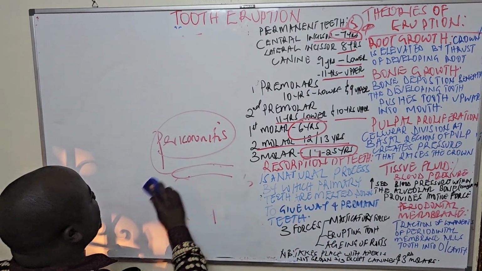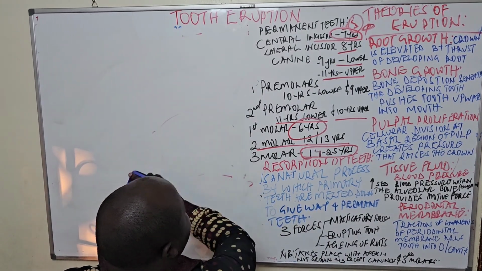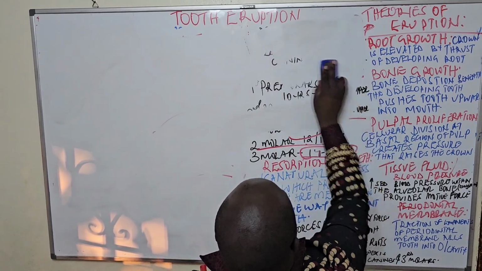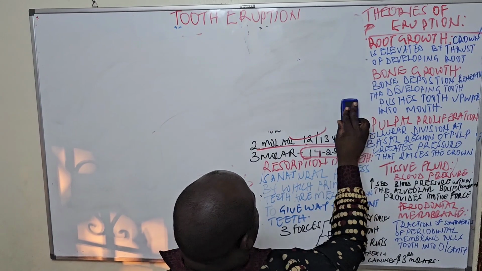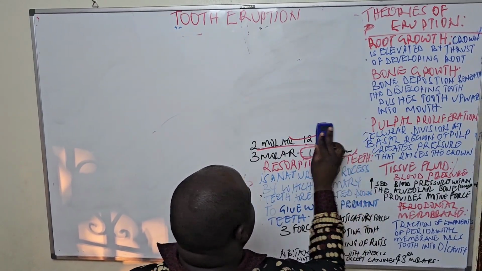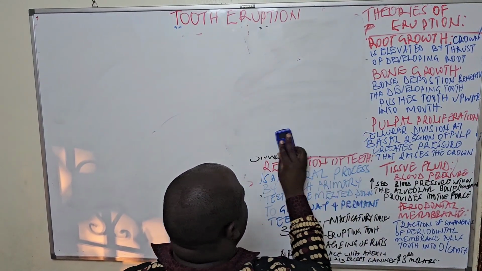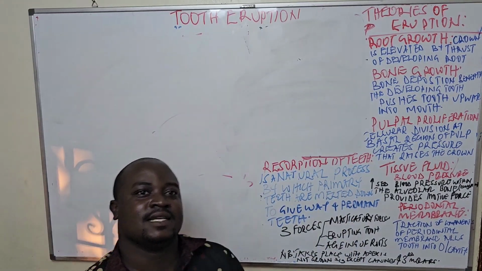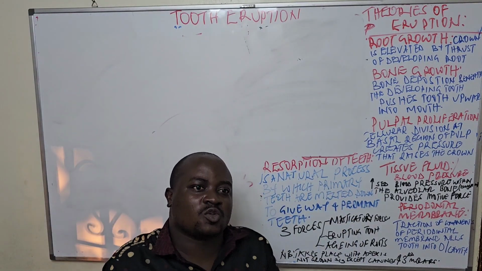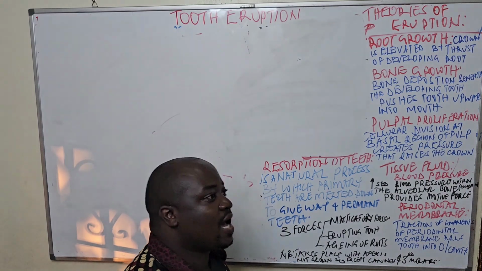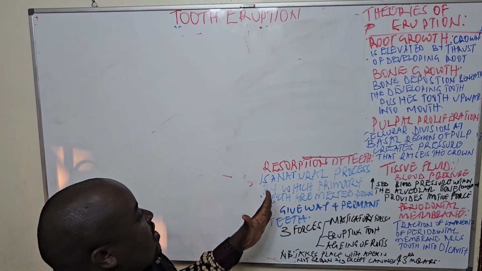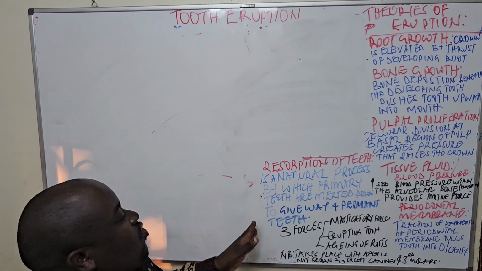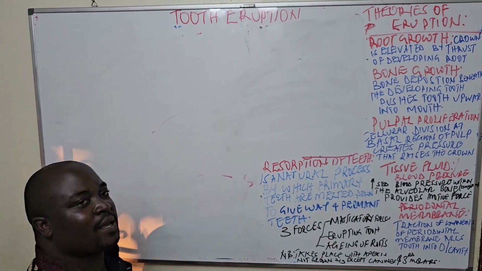We have what we call resorption. What is resorption? When we were looking at differences between primary and permanent dentition, we talked about this briefly, and we said it is the physiological melting away of the roots of the primary tooth.